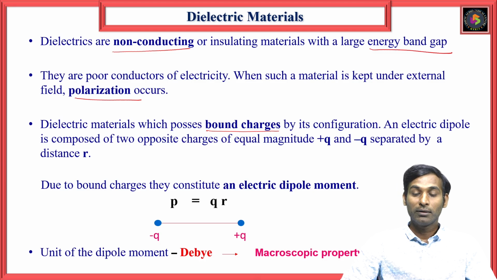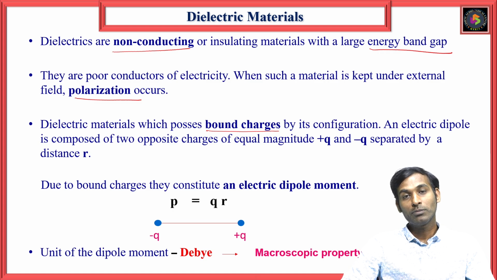Based on the bound charges, we have n number of atoms and molecules. That means in dielectric material, charges have different orientations, like positive charges and negative charges.